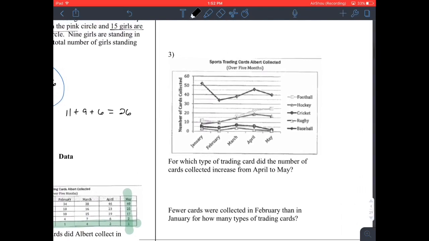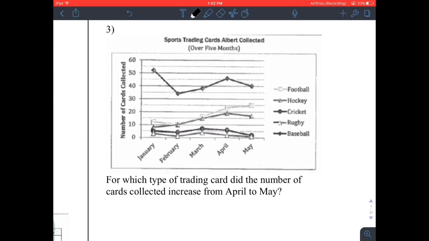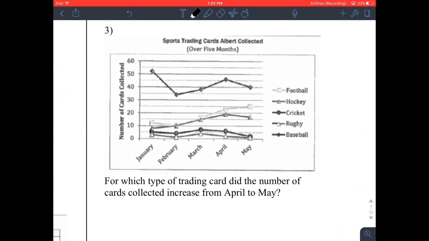Another type of graph is a line graph. Over a 5-month period again, number of cards collected. Which type of trading card did the number of cards collected increase from April to May? So the window we're looking at is here from April to May. If you look at this one here, which I think is baseball, it went down from April to May.